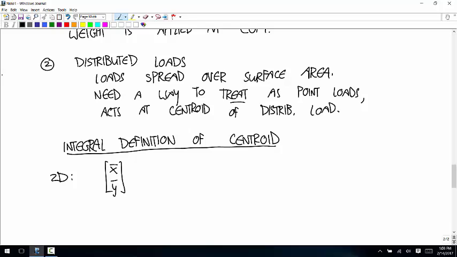So this is saying the x coordinate of the centroid and the y coordinate of the centroid is equal to 1 over the total area times the integral of the centroid of an infinitesimal piece of area times that infinitesimal area. And this is done over the whole area, so I'll call that A.